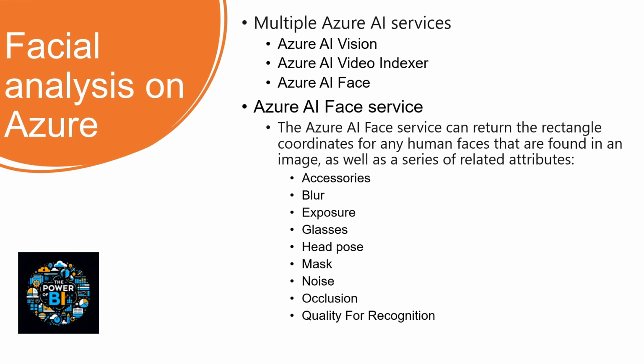Azure AI Face service can return the rectangular coordinates of a human face found in an image, as well as a series of related attributes like accessories, where the attribute returns possible headwear, glasses, and mask, with a confidence score between 0 and 1 for each accessory.